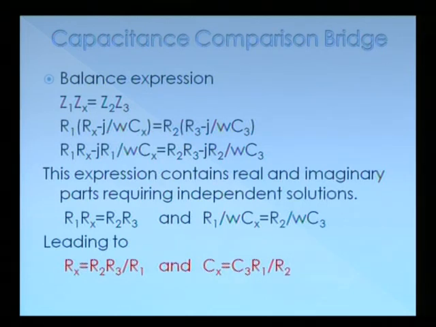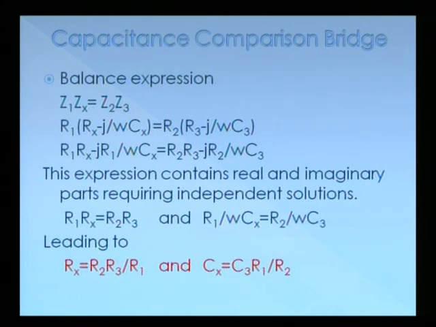The real part will give you the value of resistors, while the imaginary part will give you the value of either capacitor or inductance. Being a capacitance bridge, you can get the value of capacitance from the imaginary part. So reducing the real part and imaginary part expressions separately, we get Rx equal to R2 R3 upon R1 and Cx equal to C3 R1 upon R2.